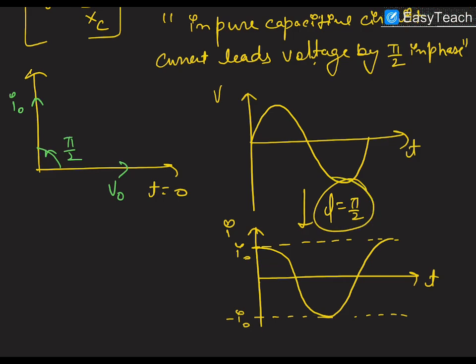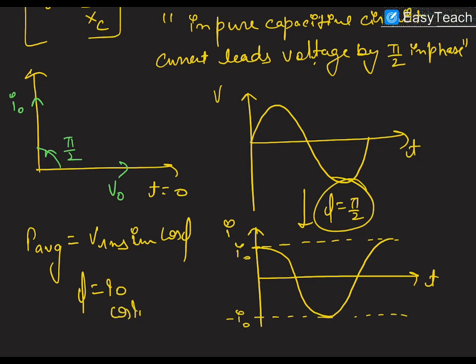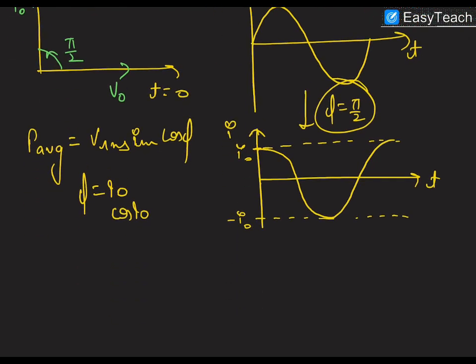And obviously, if we talk about the average power loss, it was denoted by the formula Vrms Irms cos phi. So phi here is 90 degree, and cos 90 is 0. So obviously the average power loss in this circuit is 0.